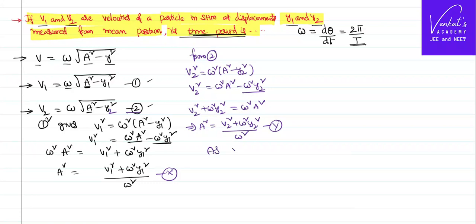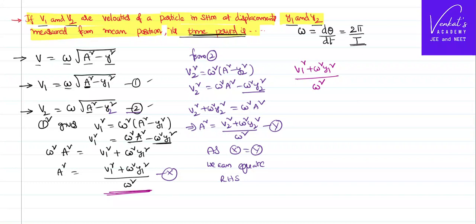So we can say x is equal to y, both LHS are a square, so we can equate the RHS of x and y. What happens when you equate their RHS? Let's do that. v1 square plus omega square y1 square by omega square equals v2 square plus omega square y2 square by omega square. Now I can cancel this omega square.